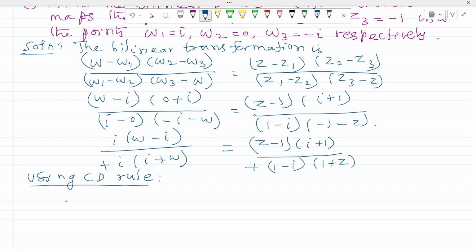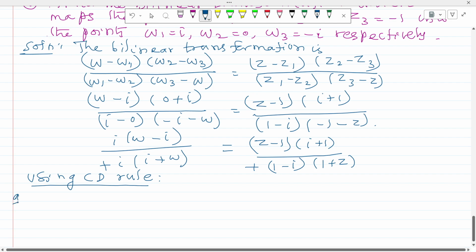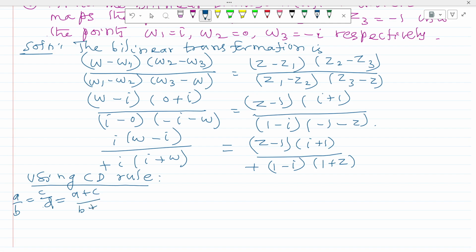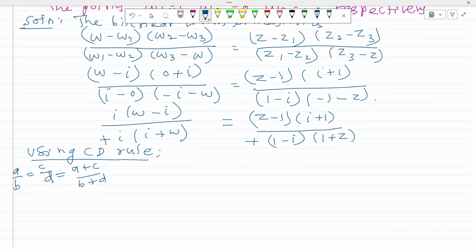How to use the CD rule here: A by B equal to C by D means that is equal to... Okay. So now you have to do that on both the sides.